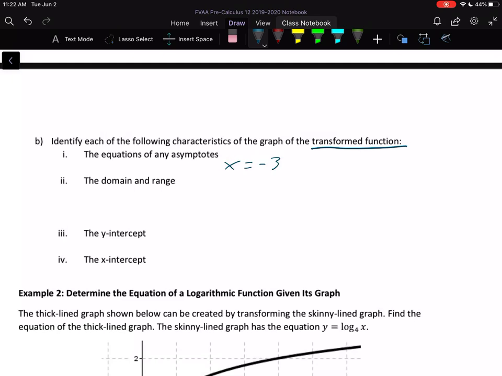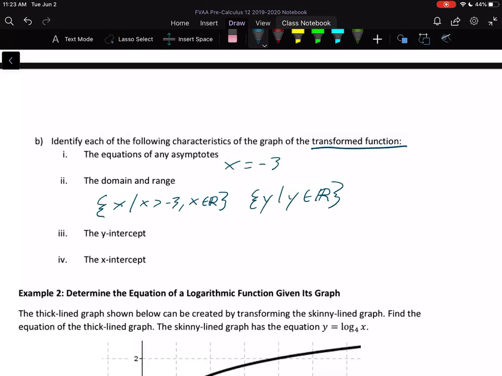Domain and range. Well, my domain is x is greater than negative 3, and of course y represents all real numbers, so my range is just all real numbers.